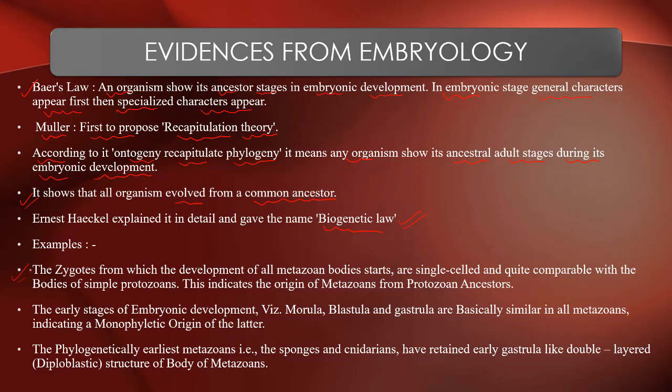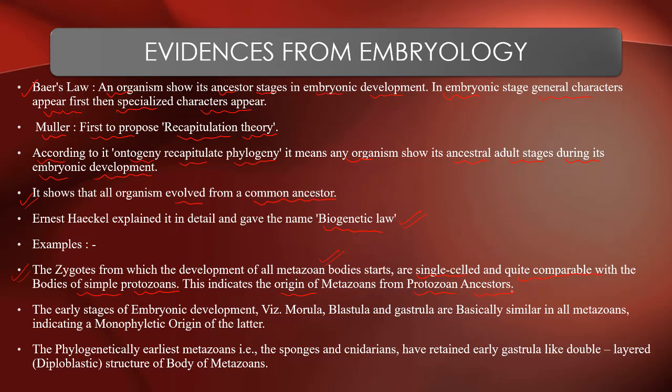Examples: the zygotes from which the development of all metazoans starts, animals being classified into parazoa and metazoa, are single-celled and quite comparable with the bodies of simple protozoans. This indicates the origin of metazoans from protozoal ancestors. Metazoans means apart from protistans and protozoa, all are metazoans.